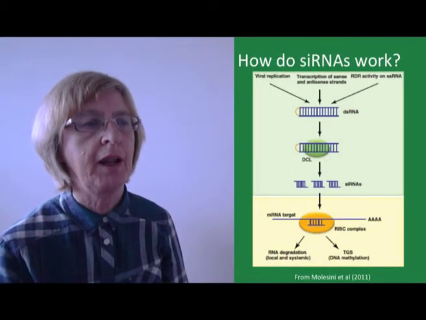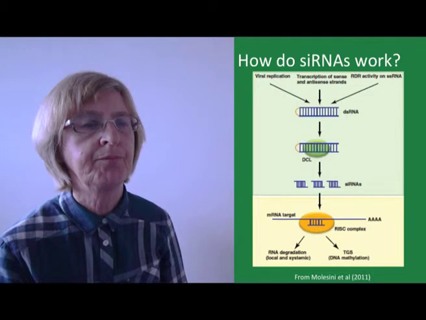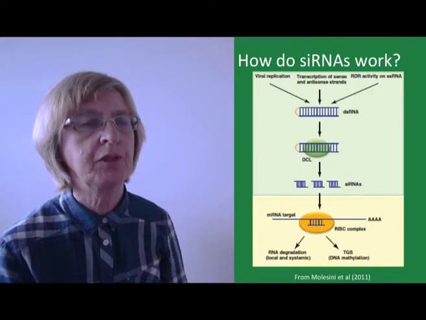Unlike microRNA, the precursor of short interfering RNA in the plant is a perfectly complementary hairpin-shaped double-stranded RNA. Like the microRNA, it's cleaved by dicer to form short interfering RNAs of 24 to 26 nucleotides. And again, like microRNA, one strand is incorporated into the RISC complex to guide RNA cleavage.